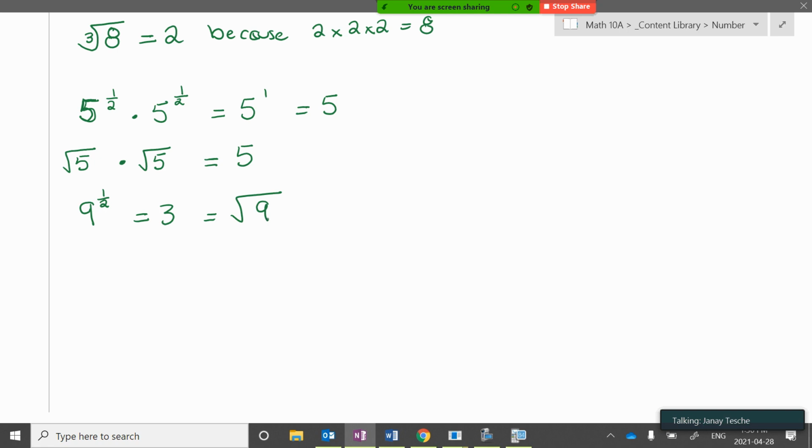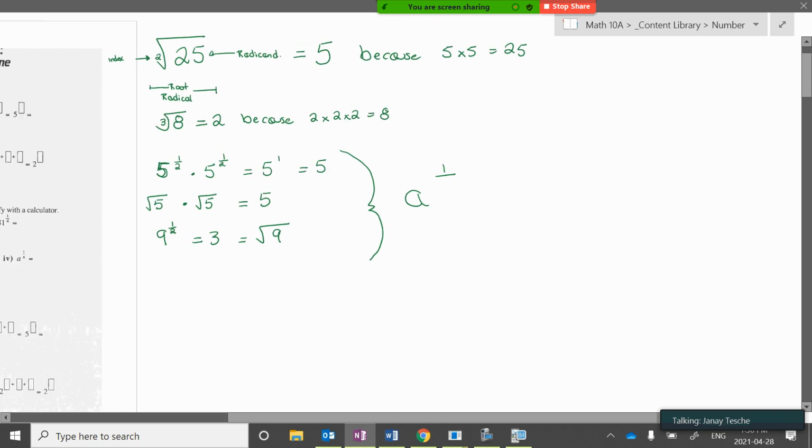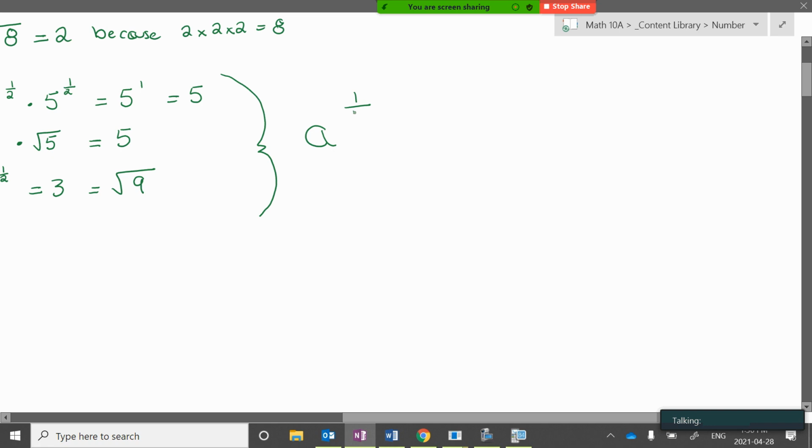That's a good question. From this premise, we can come up with a general rule, which is written on your page later on. If I have a to the power of 1 over n, that's going to be the same thing as the nth root of your number.